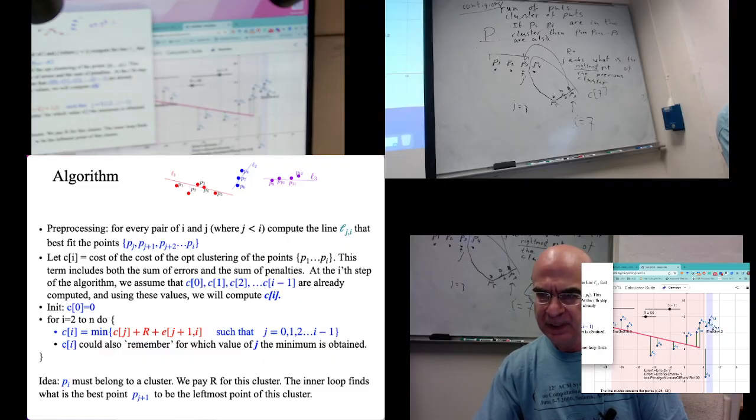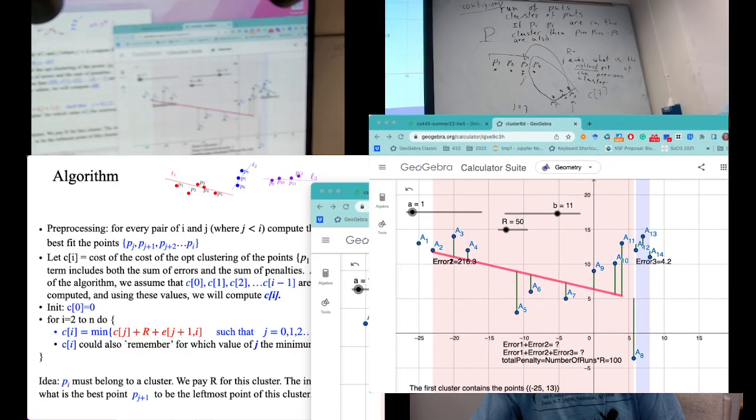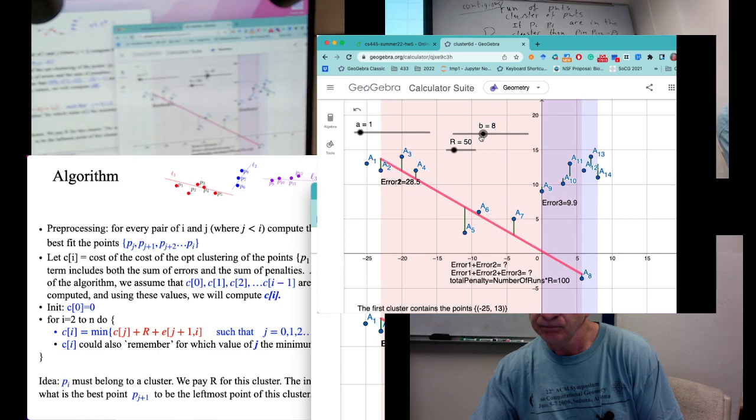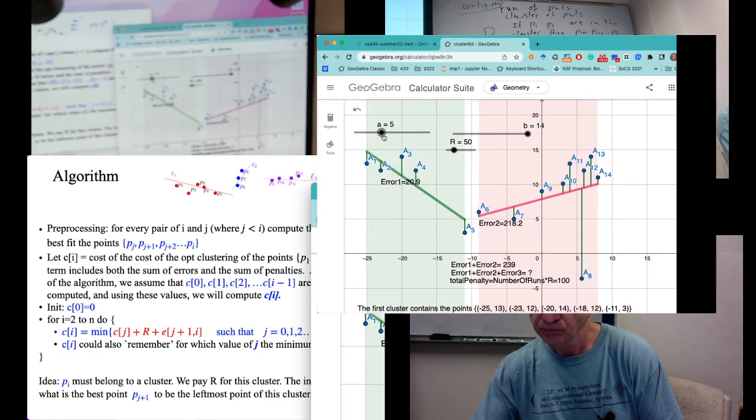That is, when I go back to my GeoGebra, when, in this case, for example, I'm adding A6.